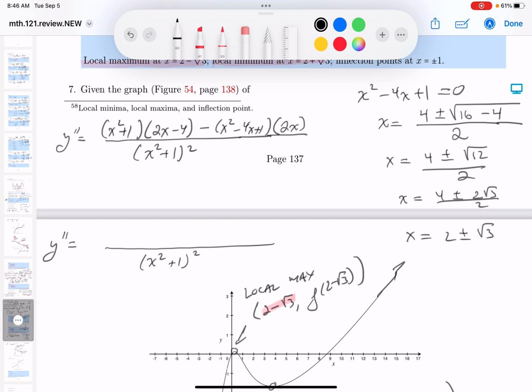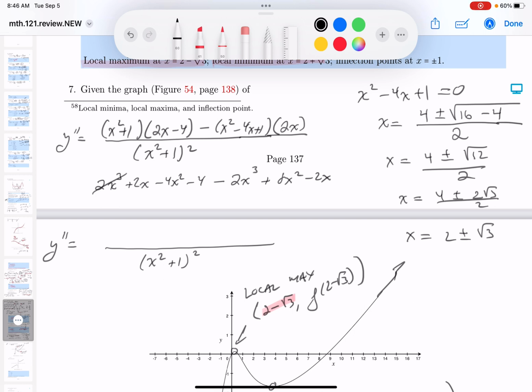I'm going to erase it after I do it though. So it's going to be 2x cubed plus 2x minus 4x squared minus 4, minus 2x cubed plus 8x squared, and then minus 2x.